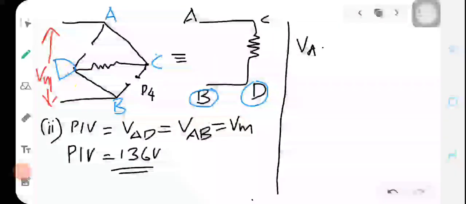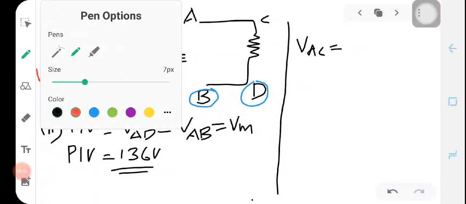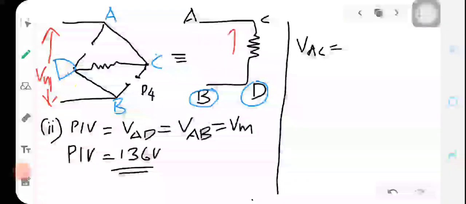Now from this one we can directly write the DC voltage across the load resistance. Whatever voltage across A and B will appear across this CD, that is the V output.